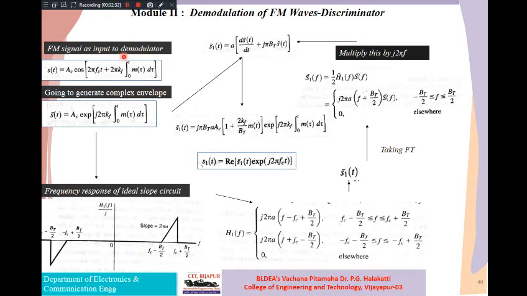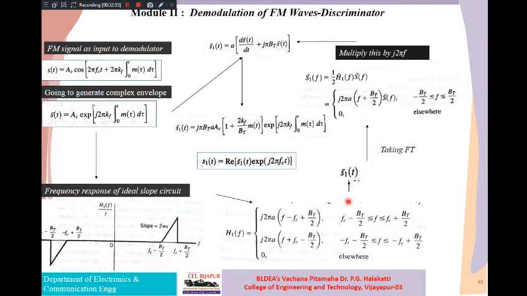You are applying the FM signal having the complex envelope S'(t) as input to the slope circuit, having this transfer characteristic H1(f). Output of the slope circuit is S1'(t).